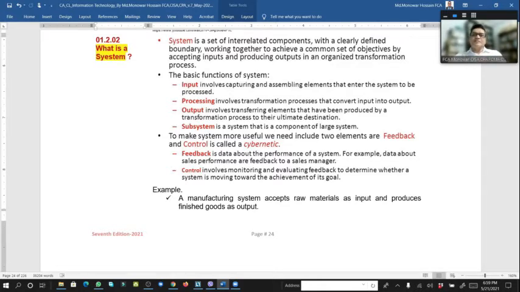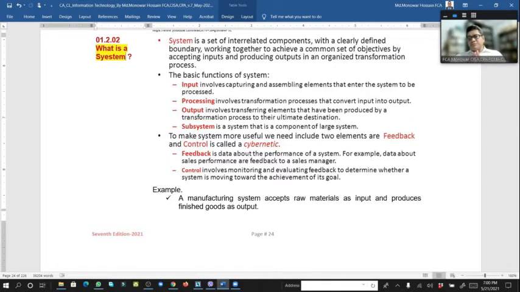Processing involves transformation processes that convert input into output. Output involves transferring elements that have been produced by a transformation process to their ultimate destination, that means finished goods. Subsystem: a subsystem is a system that is a component of a larger system.